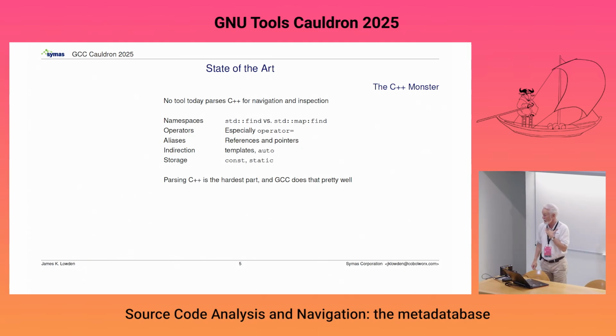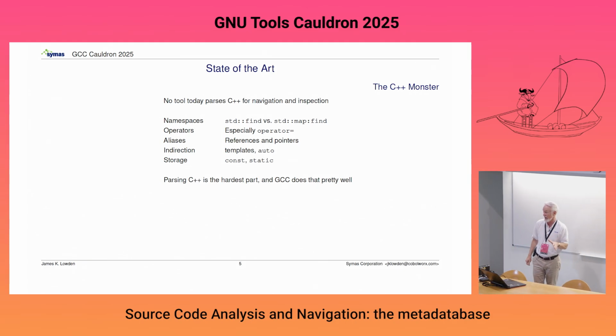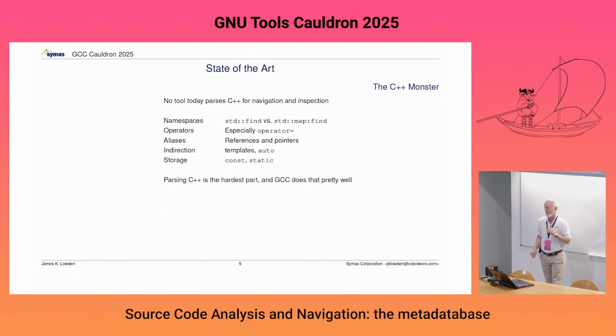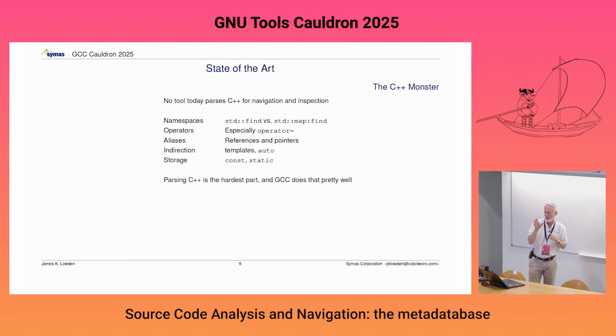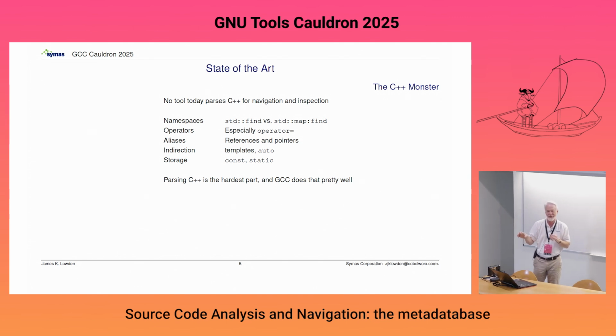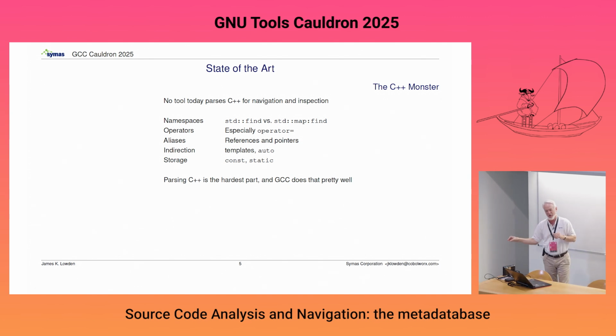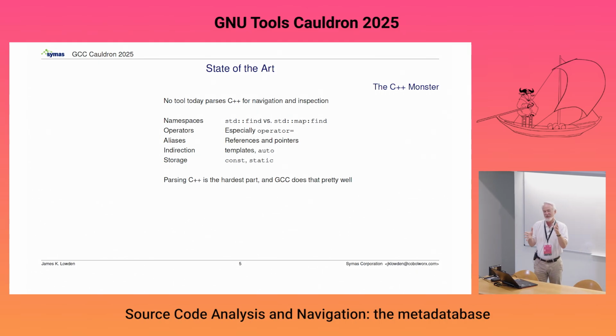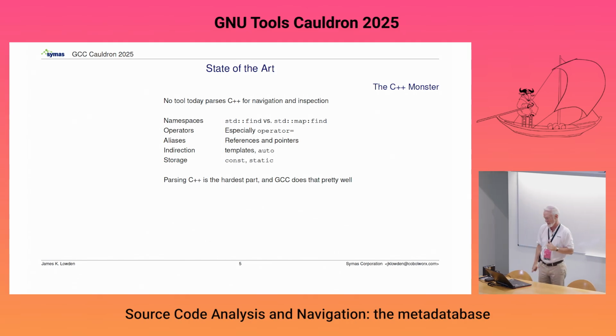Anyway, none of the tools I use or have found will distinguish between standard find and standard map find. I've got structures, as I said, with members whose name is name. Whether it's a file name or a variable name or a type name matters, and I can't find specifically any one of those things.